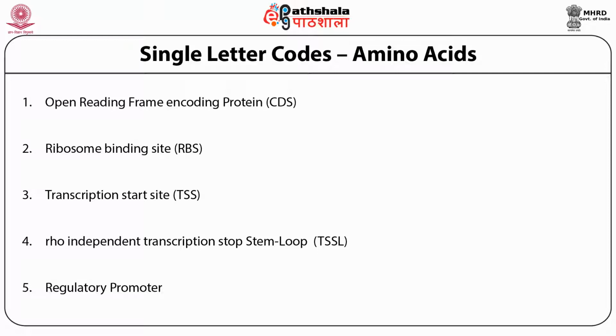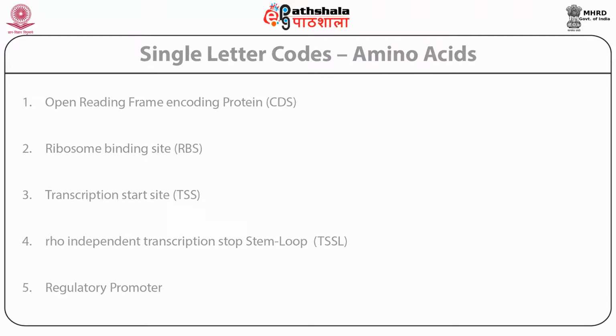Then this downloaded sequence is to be analyzed for prediction of the open reading frames along with ribosome binding site, its transcription start site, termination signals, as well as elucidation of regulatory promoter boxes having 6 bases located at -10, that is upstream of the transcription start site, and at -35 positions. These are commonly called -10 box and -35 box. The -10 box is also known as the Pribnow box.